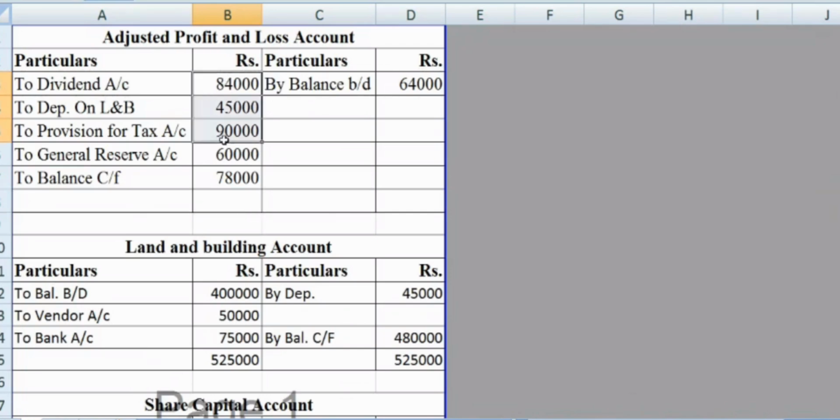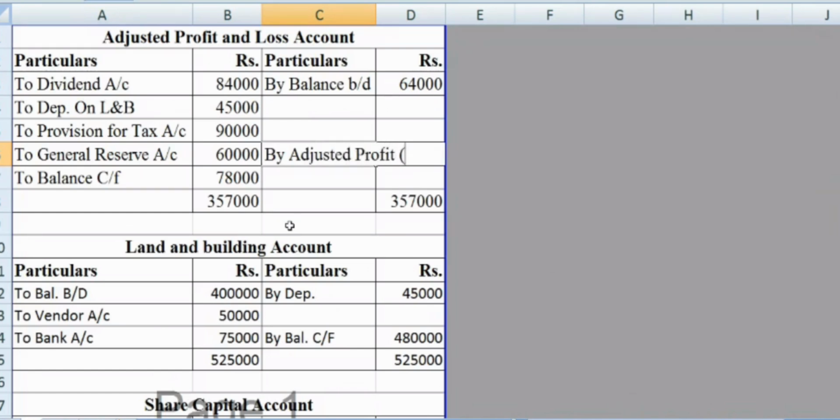The side total is 357, correct? 357 is the correct answer. Now what is the difference? Adjusted profit is how much? 2,93,000, by adjusted profit. Am I correct?